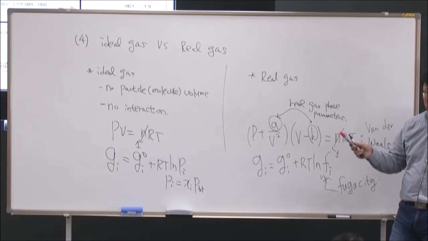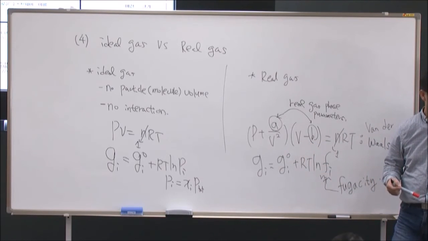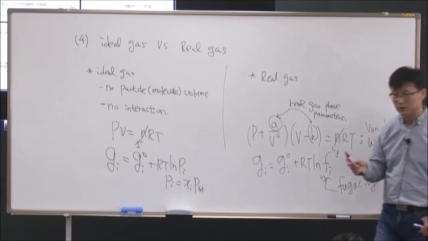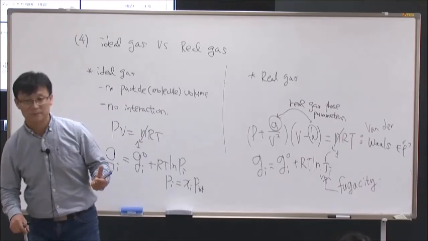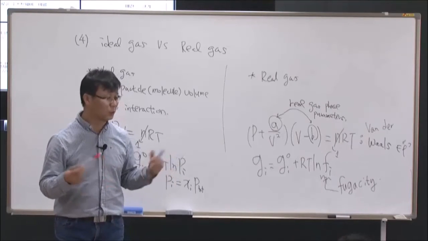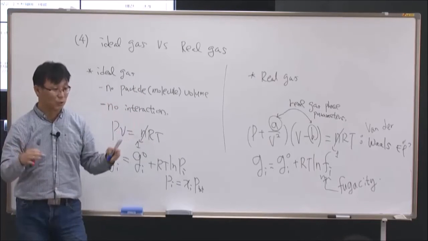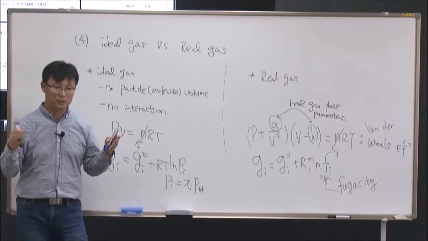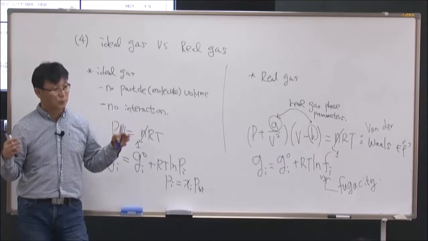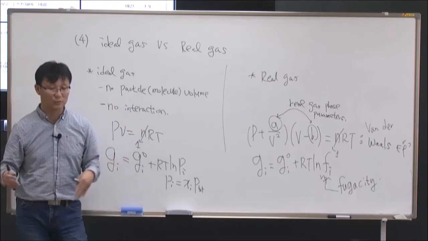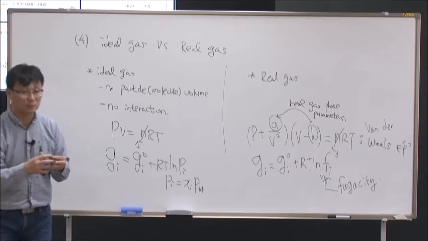But 99% of the time, fugacity and the partial pressure are almost the same. The only exception, when you have a difference between these two, is very low temperature, very high pressure. In most material processing, we don't care. The difference is very small. But when you go to high pressure conditions at low temperature, for example, around 100 degrees or below, and a couple of hundred ATM or thousands of ATM, then the volume of the gas phase becomes very, very small.